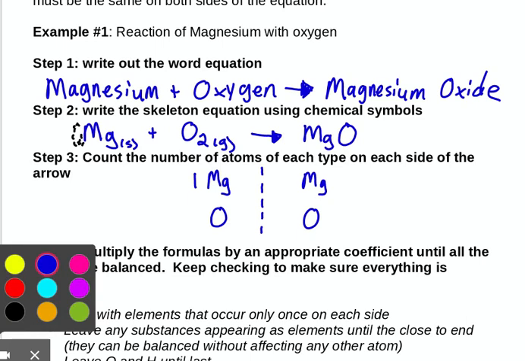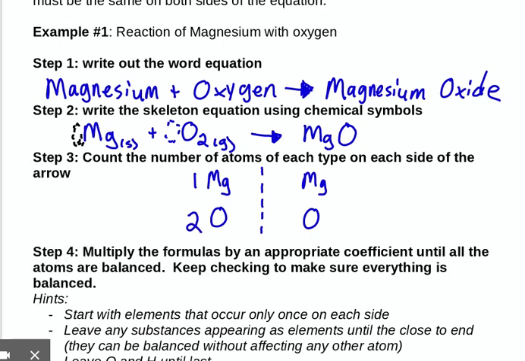And we also have another invisible 1, but there's 1 O2. So that means that there's actually 2 oxygen atoms on our reactant side. We do the same thing on the other side. And when we look, we have 1 magnesium and 1 oxygen.